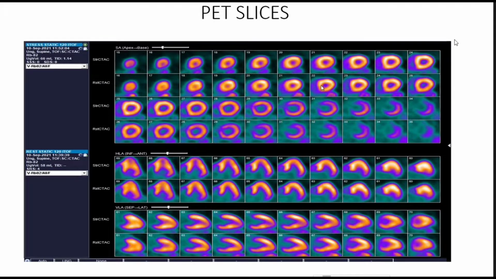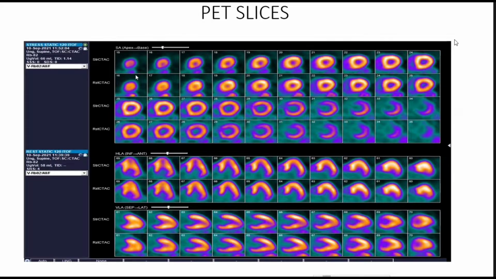So they got a PET on her, and that's the first thing they got done. And as we talked about last time, the way this is configured is we've got the stress images and then the rest images. So each of the two rows start with stress and then go to rest. And we have short axis and basically an apical 4-chamber, and a parasternal long axis would be the equivalent views that we're looking at.